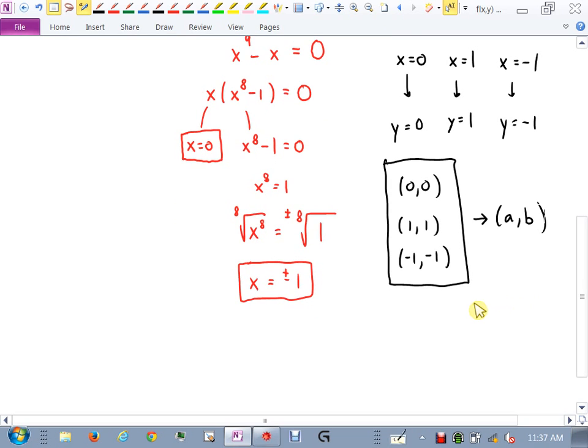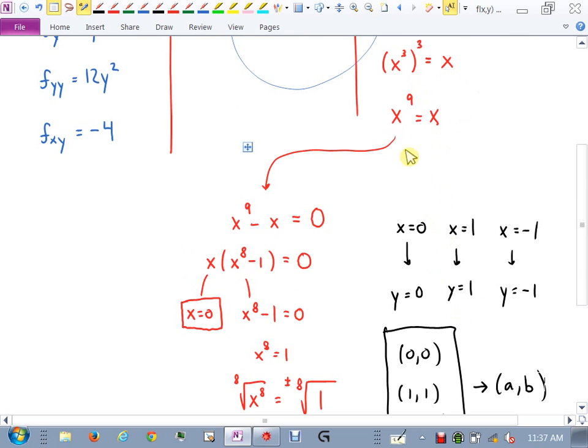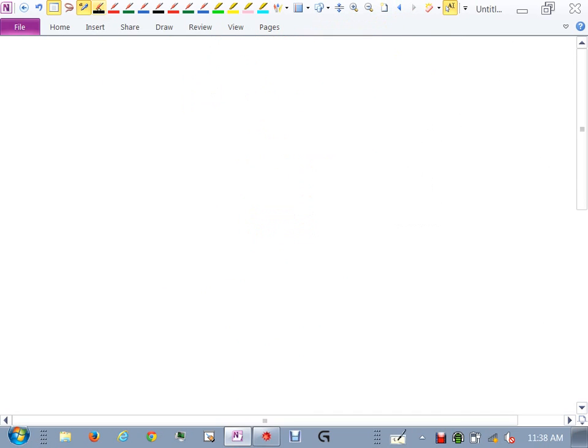All this making sense? What's going to get more challenging is the algebra within the problem. That's what's going to get more difficult. This part right here, solving this, figuring that out, that's going to become the challenge. As far as the method, it's always the same for each one. All right, so let's go.